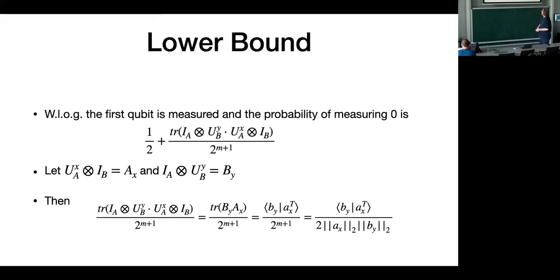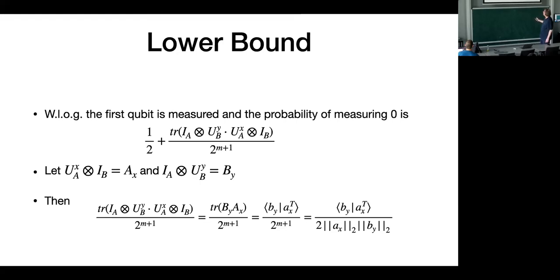And again, if you massage such a protocol a little bit, you get that you measure only 1 qubit, and this is your acceptance probability. You have the identity on Alice's qubit tensored with Bob's unitary, and this goes times the unitary of Alice tensored with the identity on Bob's, divided by 2 to the m plus 1.